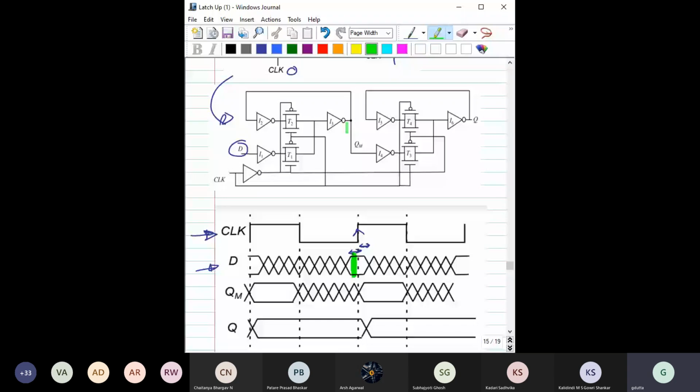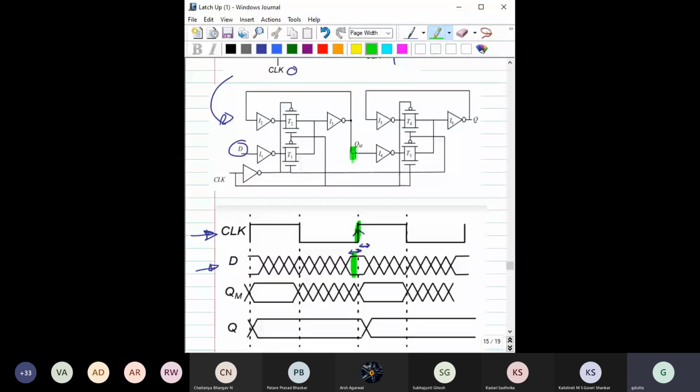Okay, just tell me one thing. Before this positive edge, this data should be available up to what point or what node? Till which node? Till this QM, right?